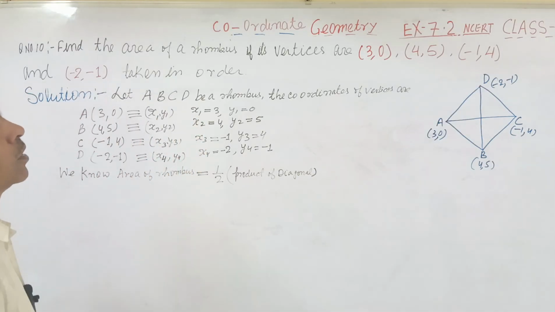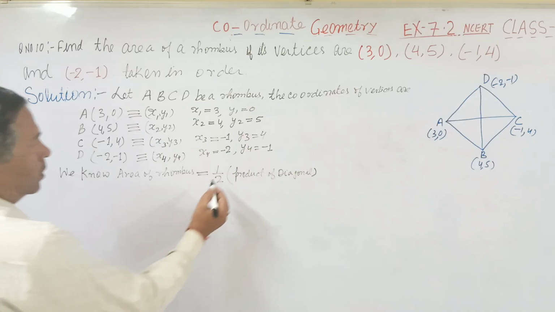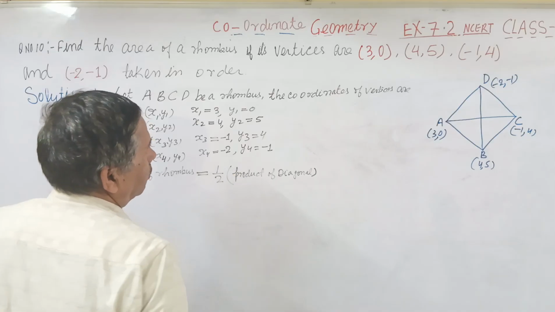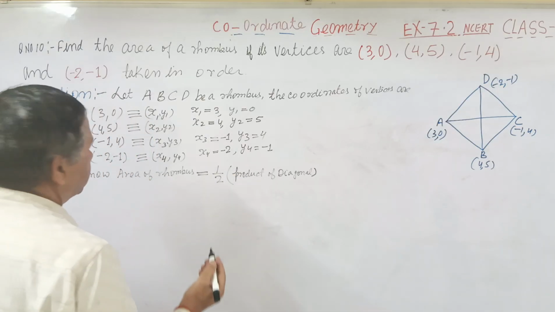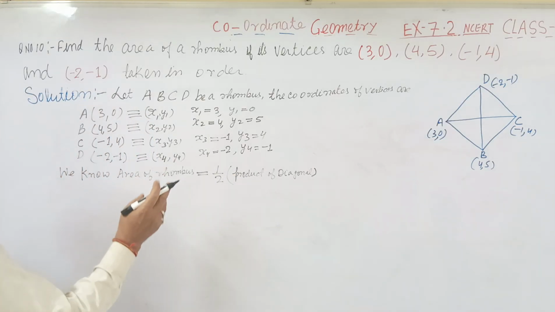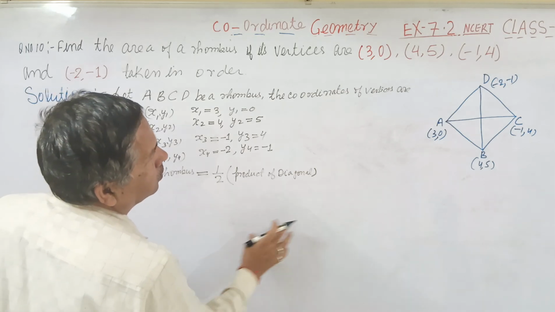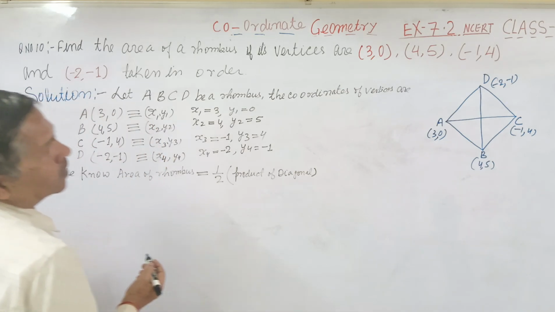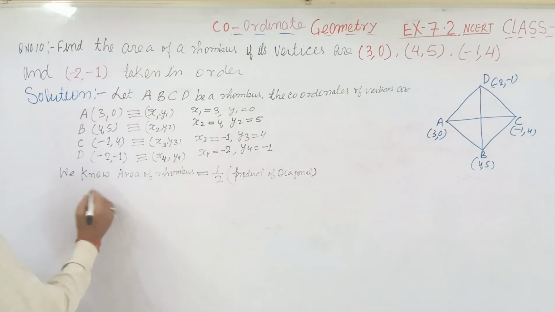Therefore, we will calculate the diagonals, and then we will come to know the area of the rhombus. So the diagonals of this rhombus are AC and BD.